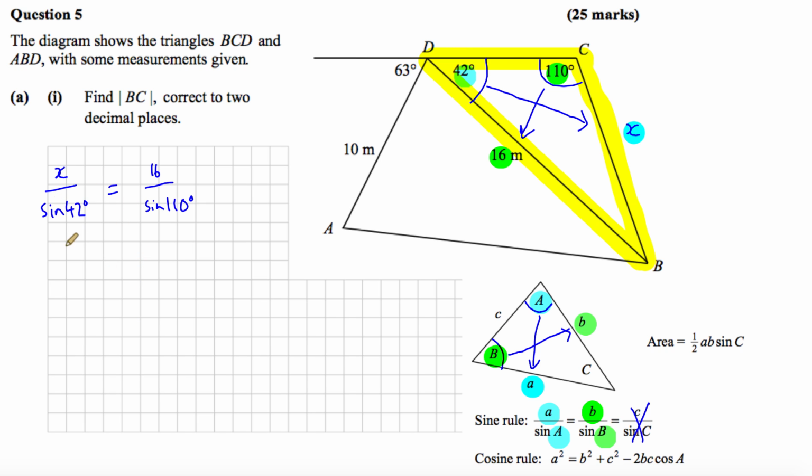So the side we're looking for, X, which is the BC, we decided to call BC X. Well, X will be equal to the fraction on the right, 16 over the sine of 110 degrees, multiplied by sin 42. You multiply both sides by sin 42.